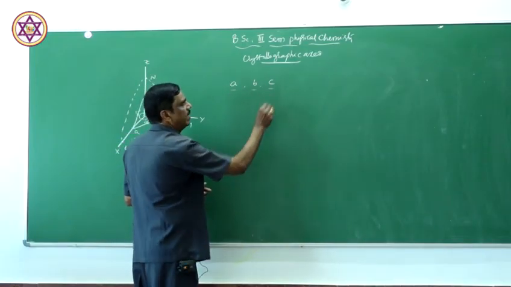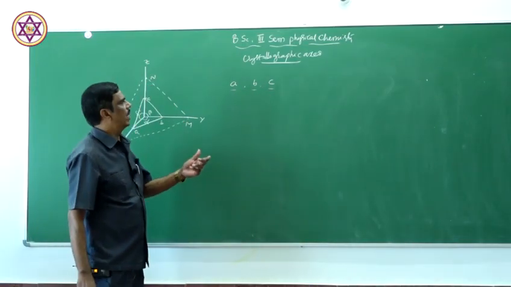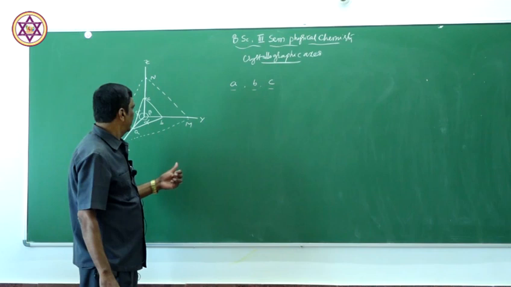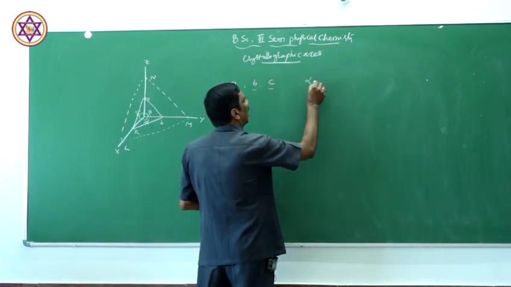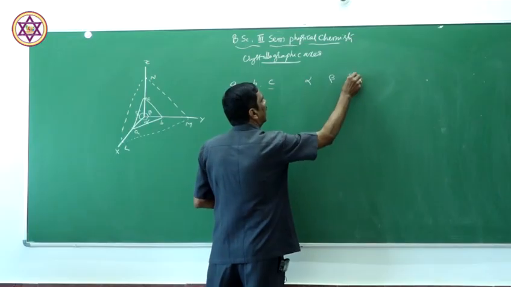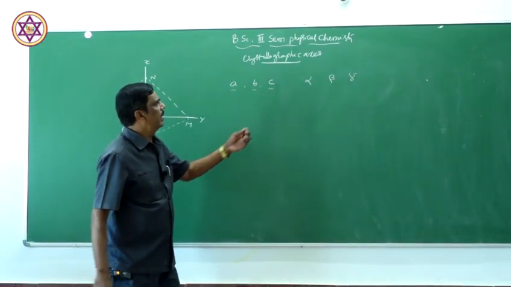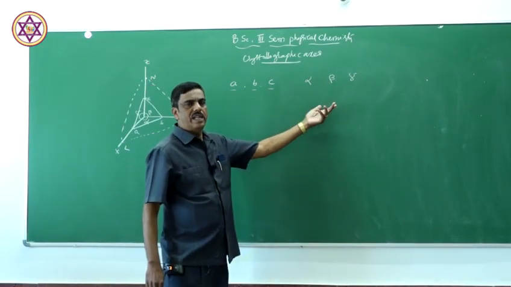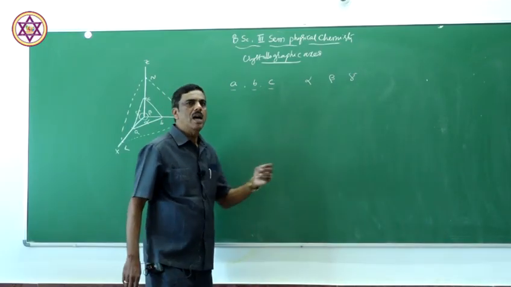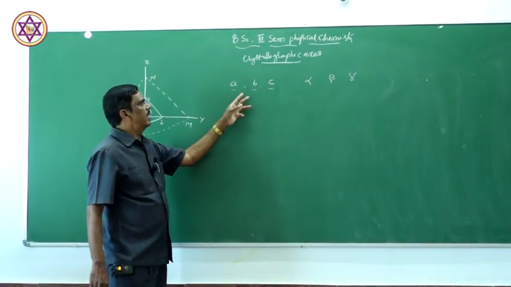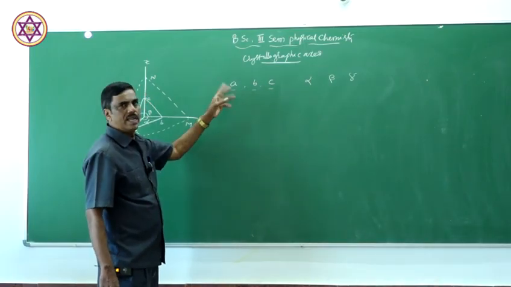So, A, B, C are the edge lengths of the unit cell in 3 different directions, and their interfacial angles are alpha, beta and gamma. It may be 90, or less than 90 or more, any angle, 3-dimensional. Alpha, beta and gamma are the axial angles, whereas A, B, C are the edge lengths.